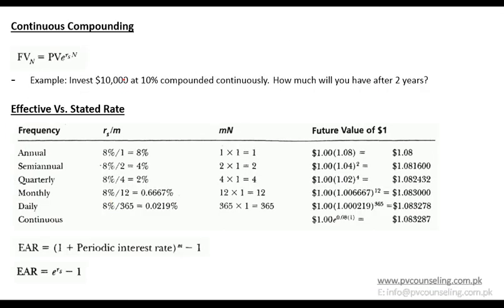So here is an example. You invest $10,000 at 10% compounded continuously. How much will you have after 2 years?